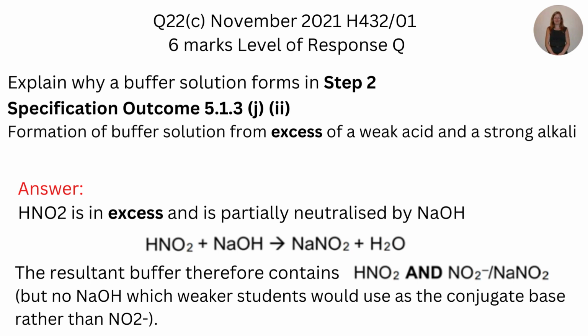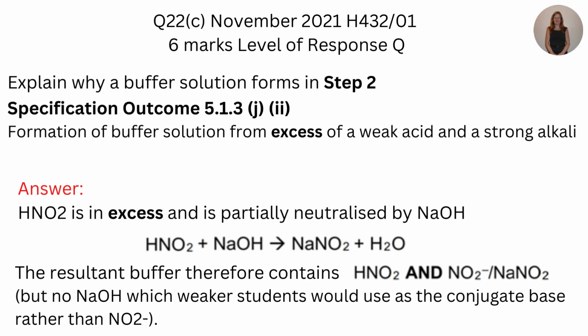Or you could say the name of the salt, which releases that ion, sodium nitrite. You do not need to say anything about the sodium hydroxide, but recognise that there will be none of it in the buffer that has formed, because all of it will have reacted with the weak acid.